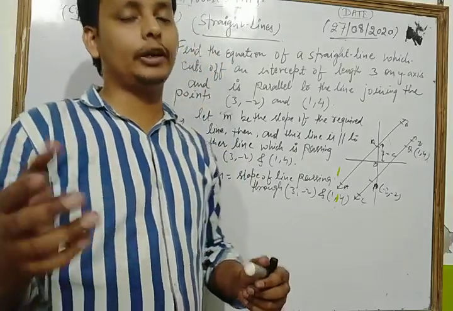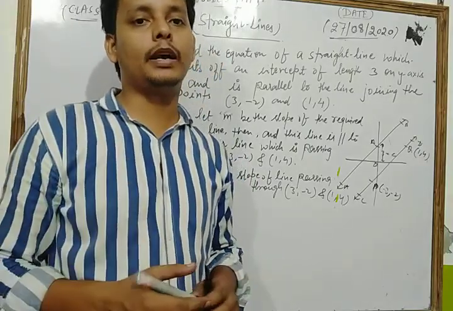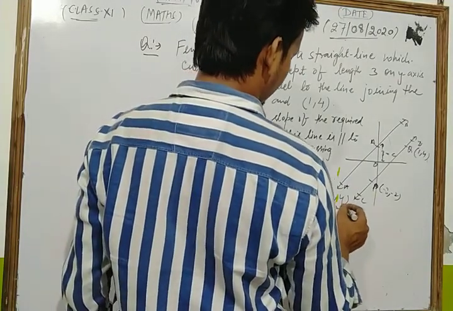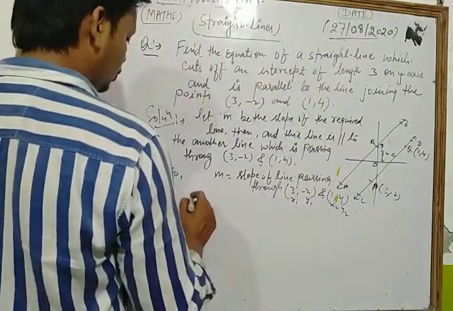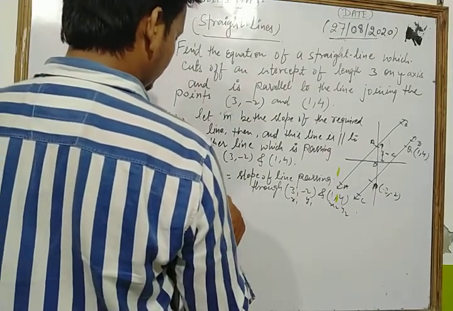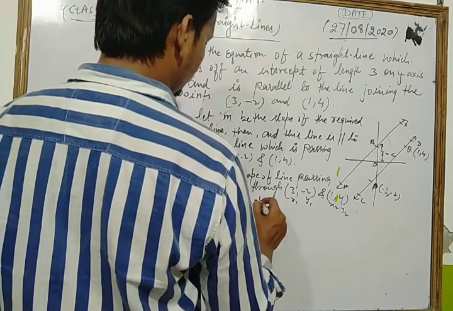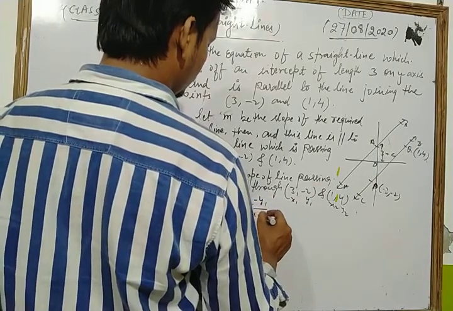You know the formula: when a line passes through two given points, the slope will be y2 minus y1 upon x2 minus x1. So here we take the points as (x1, y1) and (x2, y2). So m is equal to y2 minus y1 upon x2 minus x1.